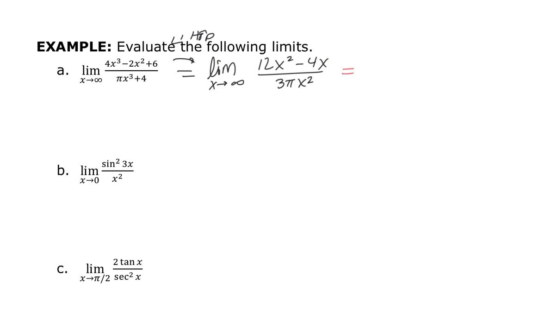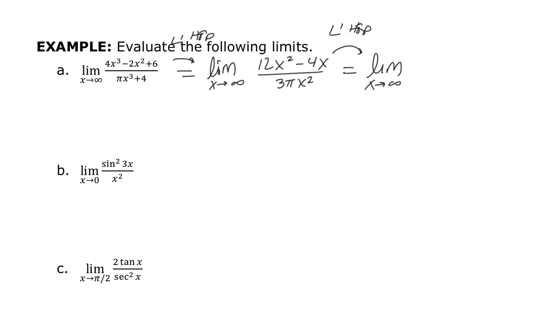So again, what I'm going to do is I'm going to do equals. I'm going to note that I'm using L-hop. And that is a terrible L with an apostrophe. That is like the worst of the worst, L-hop. There we go, L-hop. And I have the limit as x approaches infinity.